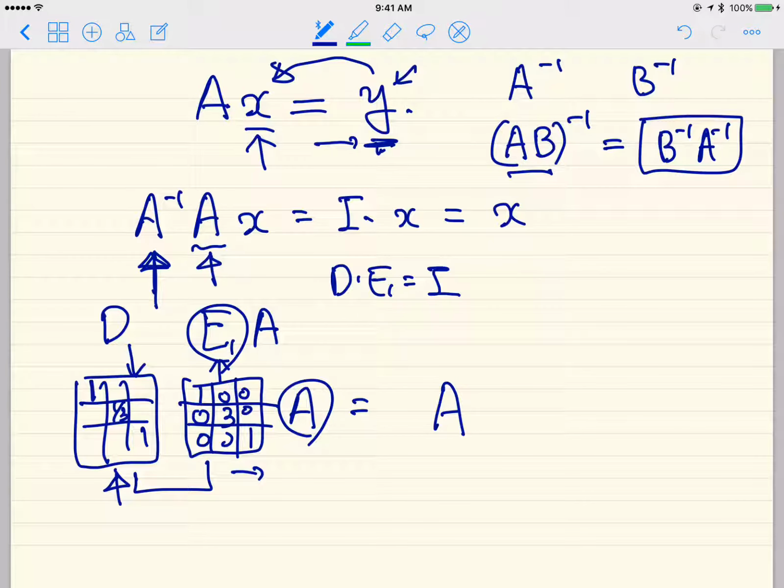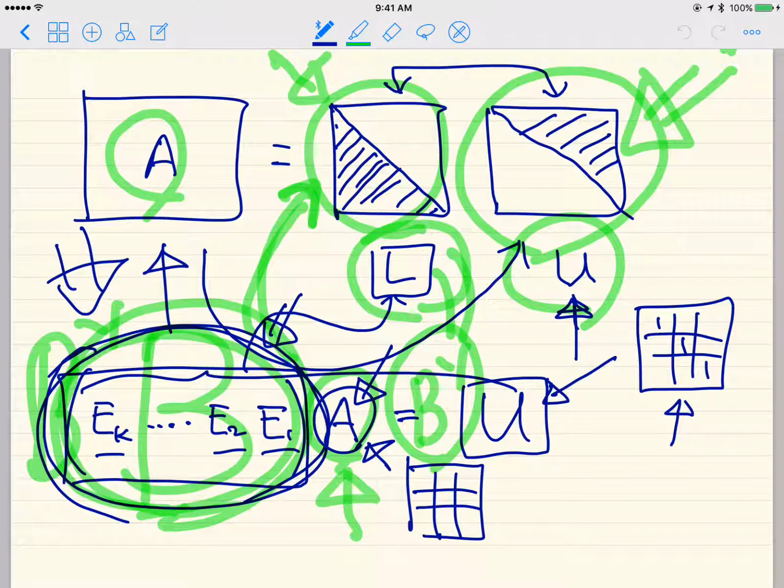So regardless of what A is, each of our elementary matrices will be invertible, and altogether the product will also be invertible.